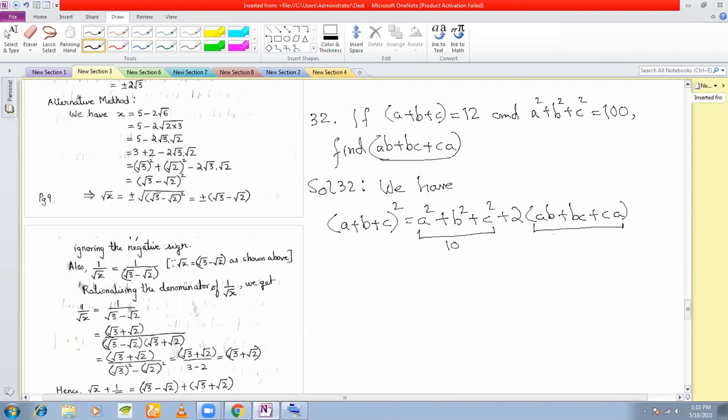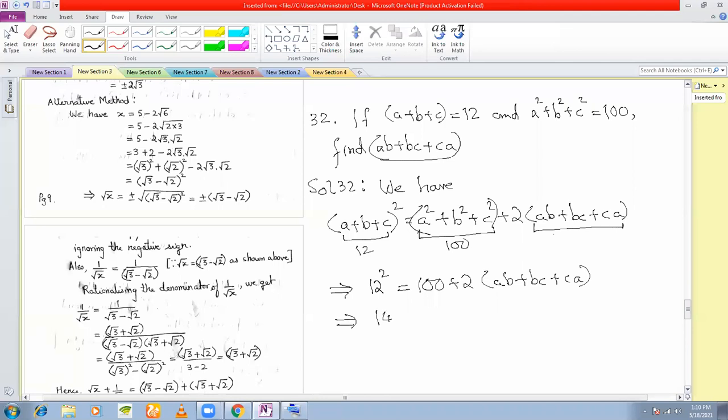How much is this value? 100. You know the value of a plus b plus c. So you know the value of this also, 12, right? So put the values. In the next step, instead of a plus b plus c, I will put the value 12. So you get 12 square is equal to, let us put this also within brackets, a square plus b square plus c square value is 100 plus twice ab plus bc plus ca.